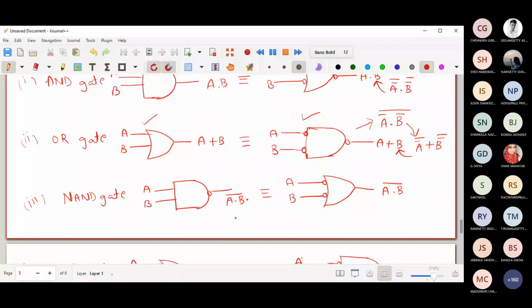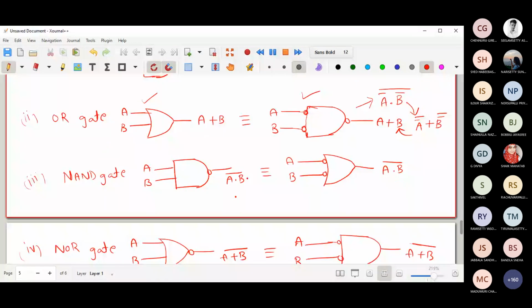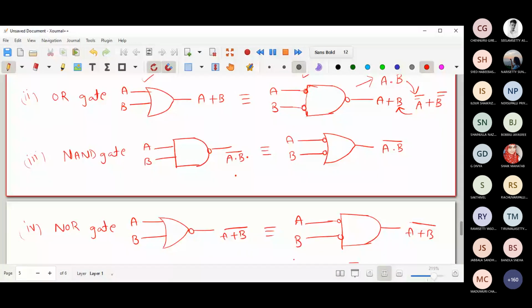Likewise for the NAND gate function. For a NAND gate, this is the standard symbol. A and B are the inputs, and A dot B whole bar is the output. Now the NAND gate can be redrawn in an alternate representation like this. For inputs A and B, the bubbles give A bar plus B bar.